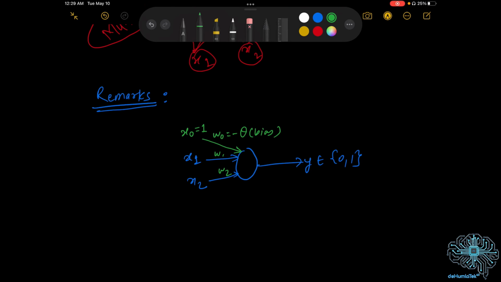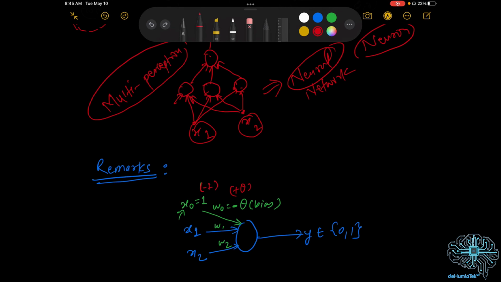For this linear neuron, the negative sign can be placed in either one: we can make x naught minus 1, and then w naught would be positive theta, or vice versa. Therefore, if x naught is -1, then w naught would be positive theta, or if x naught is +1, then w naught would be negative theta.